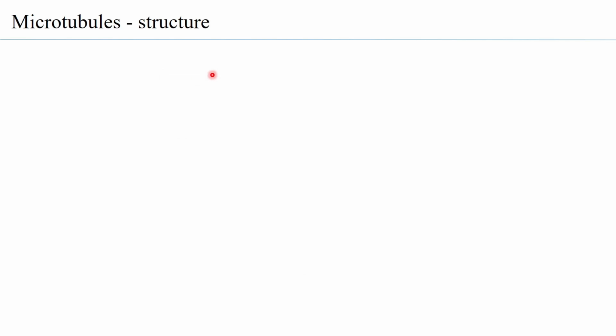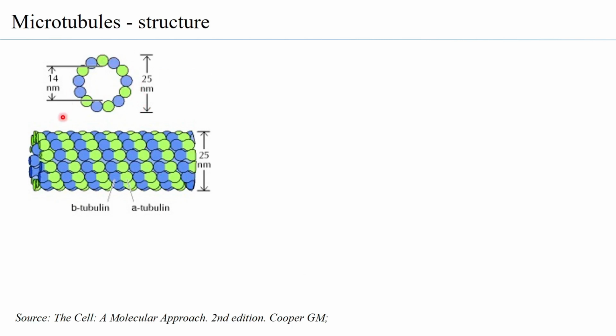Let us look at the structure of the microtubules first. Every microtubule is, as we see, a long cylindrical structure, hollow at the center. So you have this kind of circling as a helical structure. Every protofilament present in it circularizes helically to form the entire hollow structure.